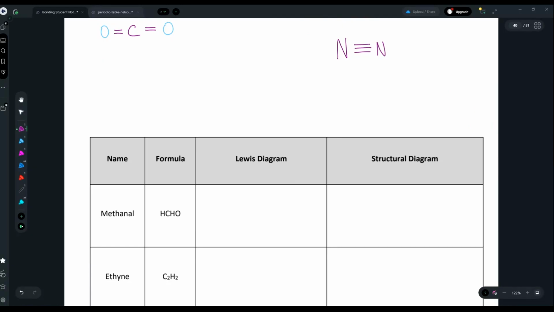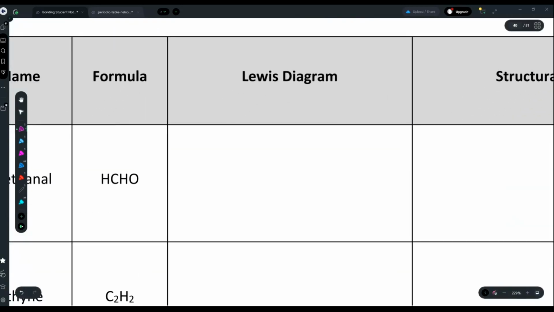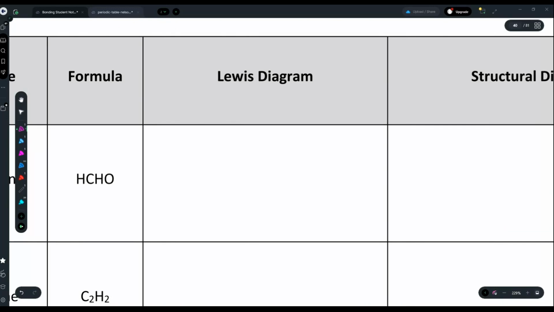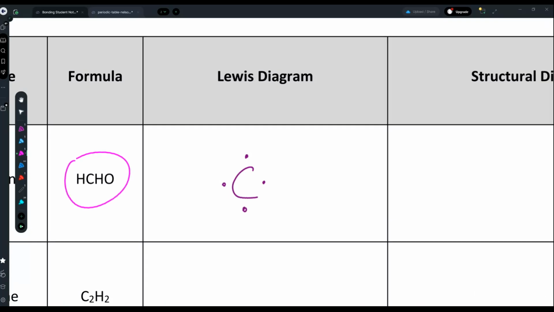For some more examples here. So first one being methanol. So I'm going to start off with carbon in the center because it has the most bonding electrons. So 1, 2, 3, 4. Okay, and sometimes how the formula is written out kind of gives you a hint as to what is bonded to what.